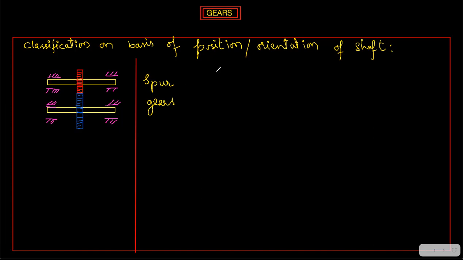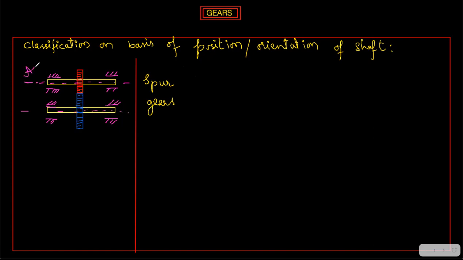And whenever we study gears, we say that the action is similar to the action of pure rolling. Action of pure rolling means, see over here, you have two gears, right? Gear number one and gear number two. Let's say that this is the axis of the first gear, axis of the second gear.